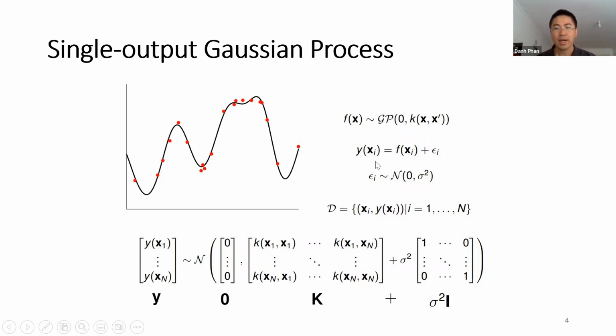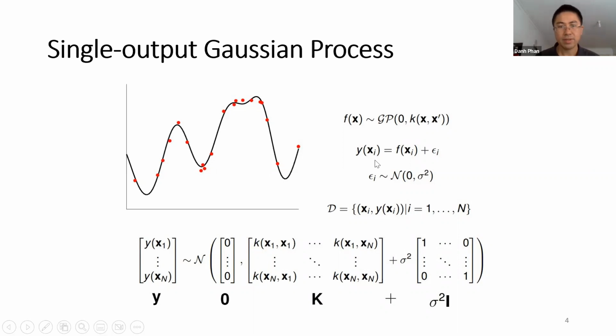And our Yi will equal F(Xi) plus the error term here, right? And here we assume that F(X) will be modeled by a Gaussian process with a mean of 0 and a kernel K.